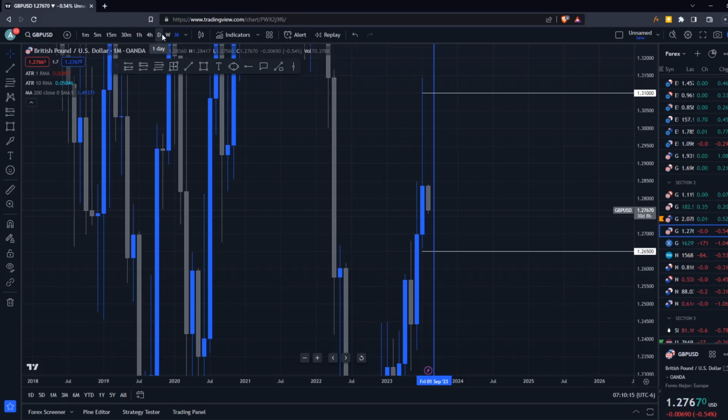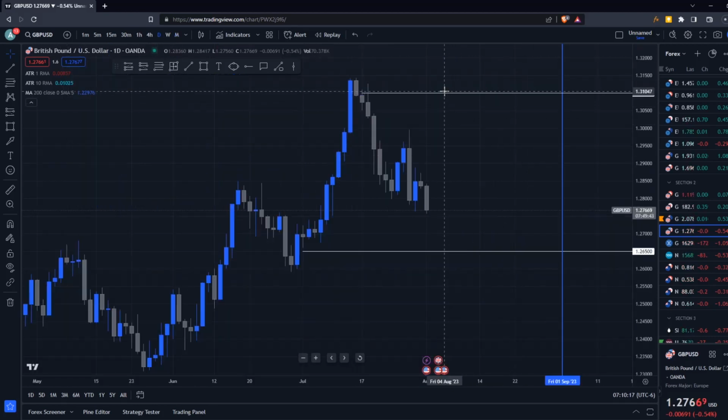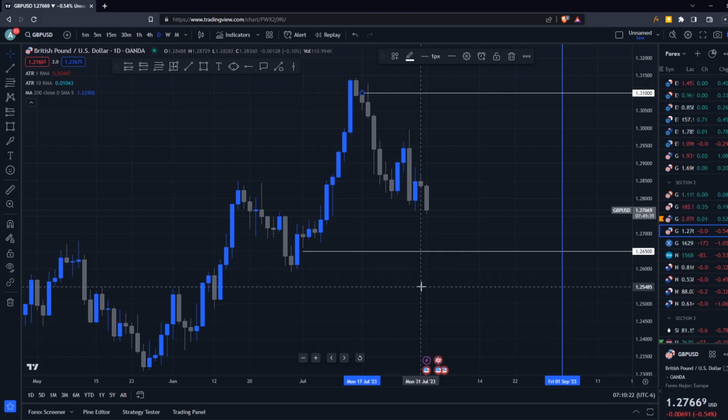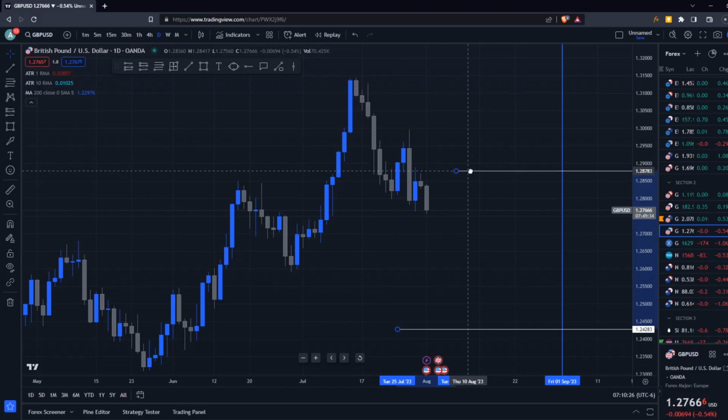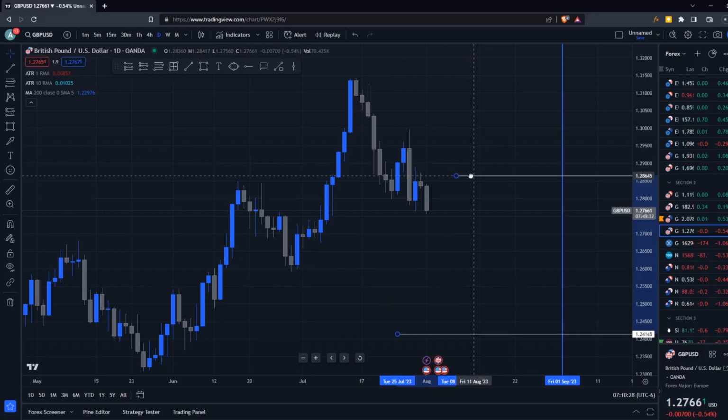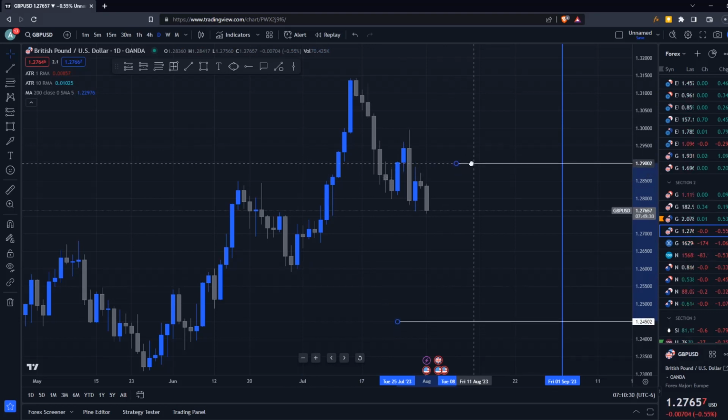It moves about 500 pips in a month, well, about 550, which I think I have set up here. Yep, moves about 550. So find our high and our low area here, something like 129.